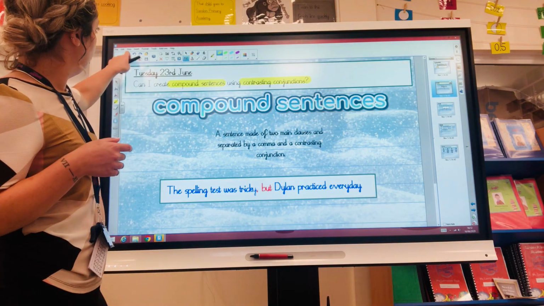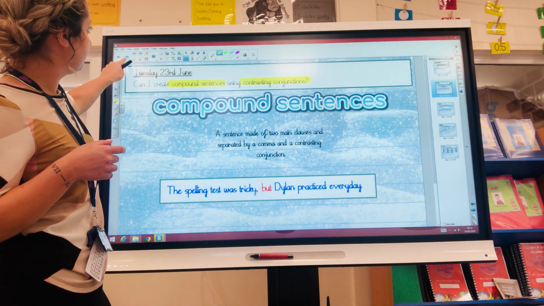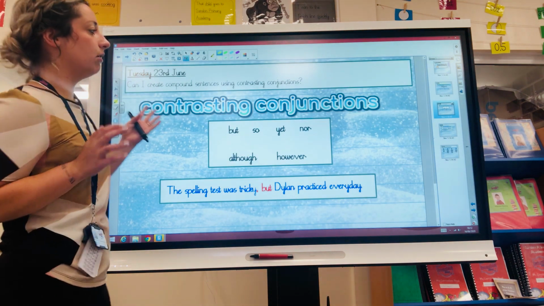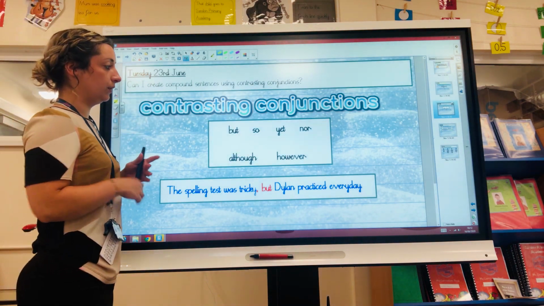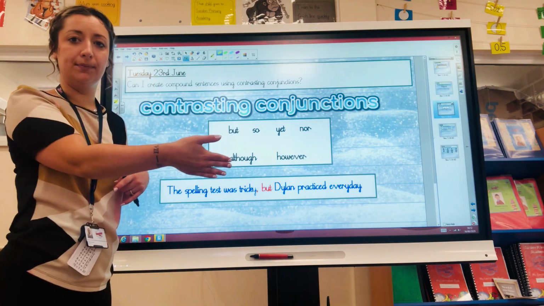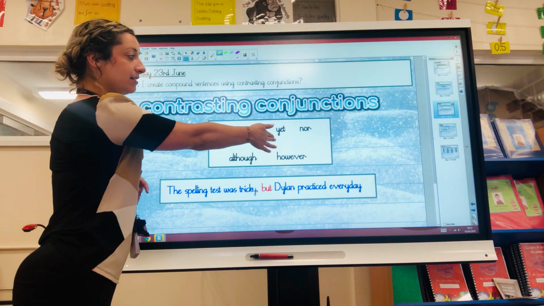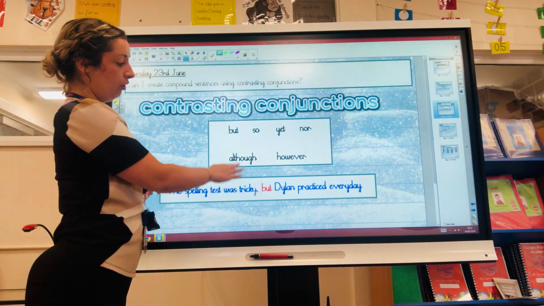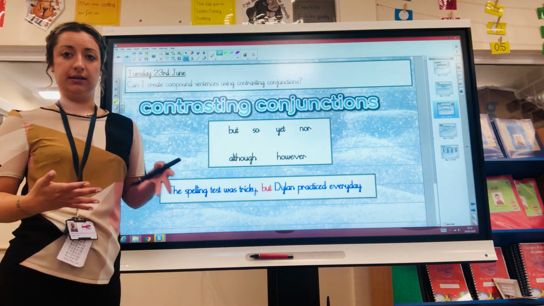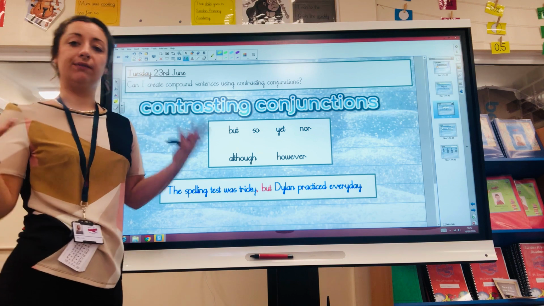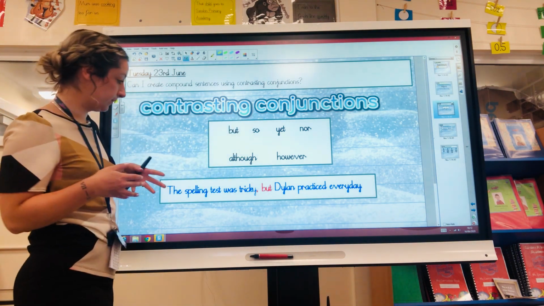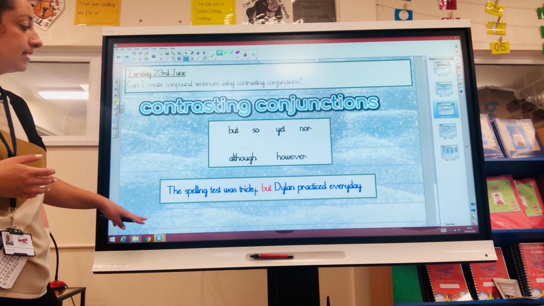So moving on to our contrasting conjunctions. Here are a few examples on the board. But, more information. So what happened next? Yet, nor, although, however, you could use on the other hand, it's giving you a contrast of information or it's explaining why, so what.